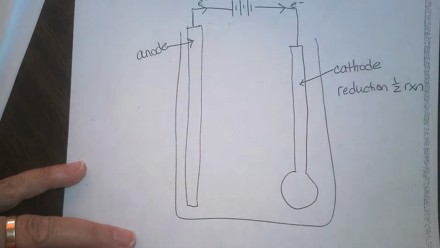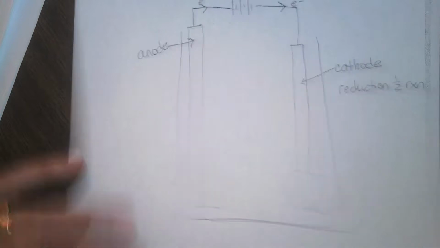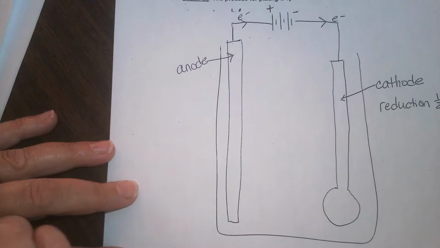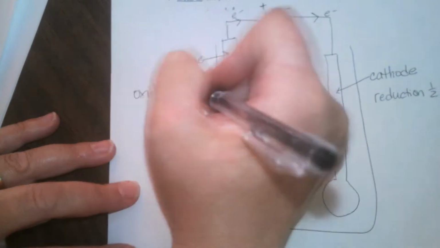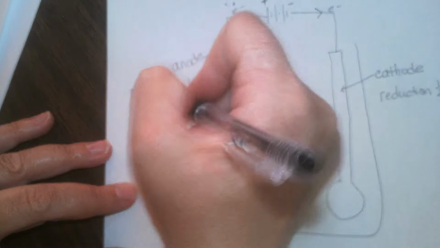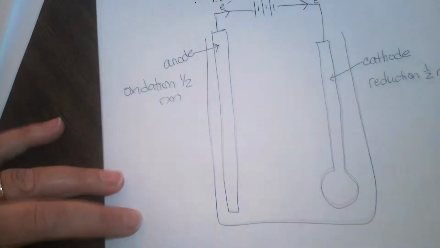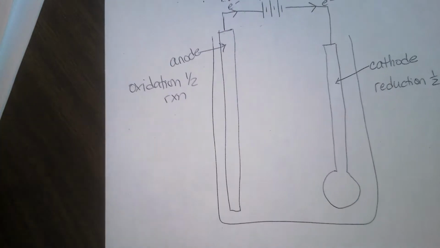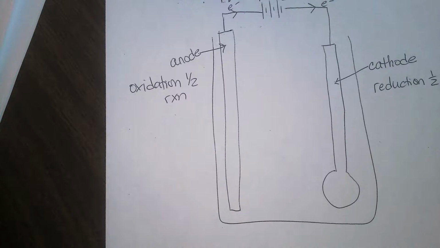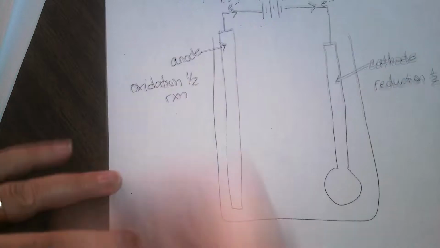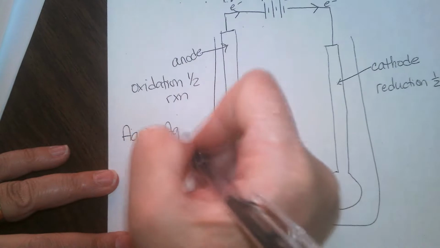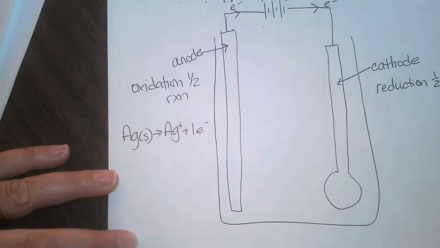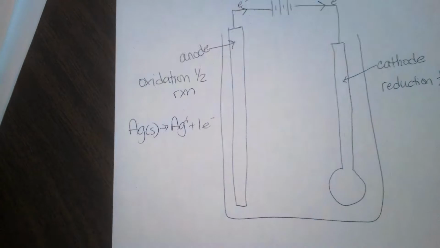It's electrolytic. Okay, which means that at the anode we have oxidation. So we have the oxidation half reaction at the anode. Now the anode is going to break down and give us our silver ions.